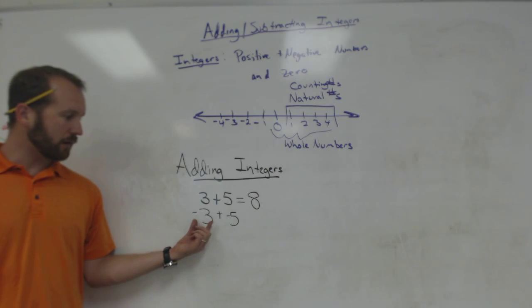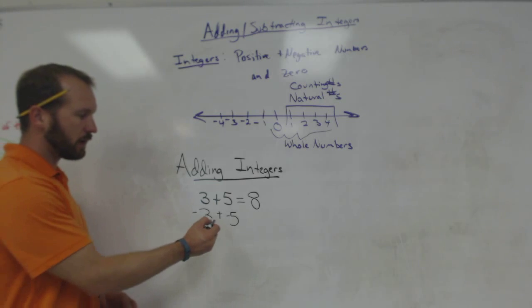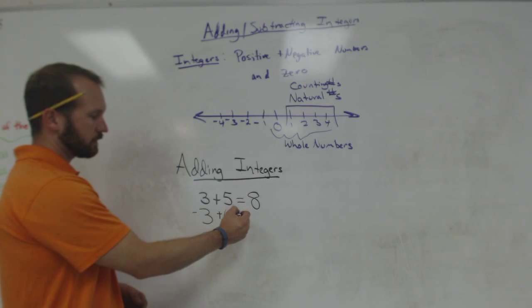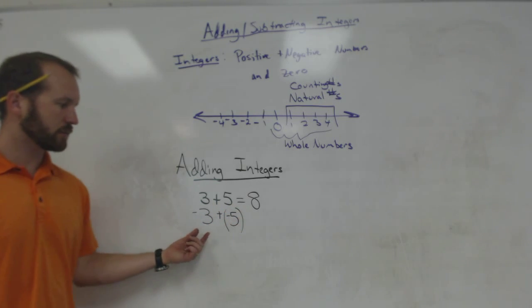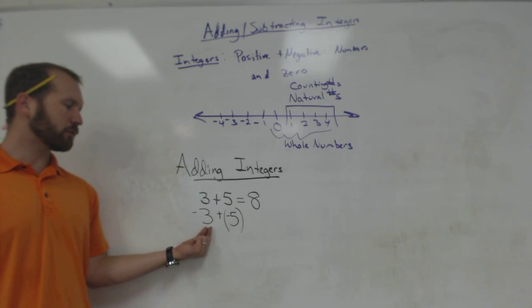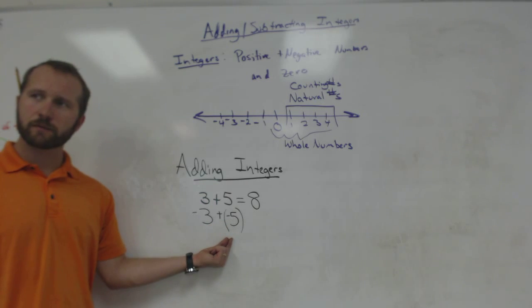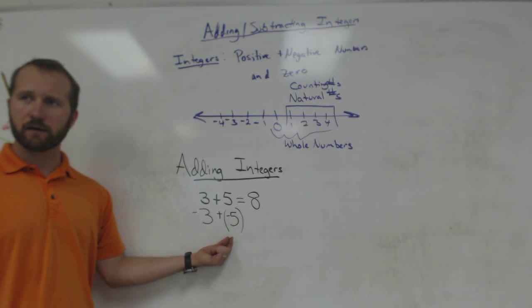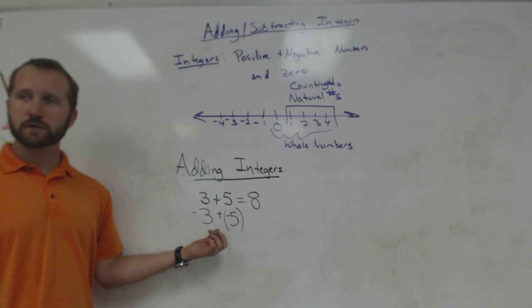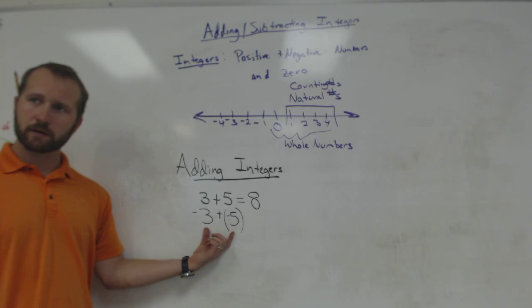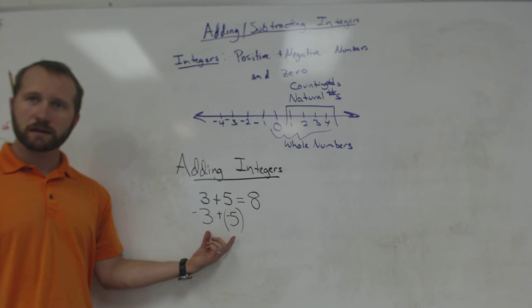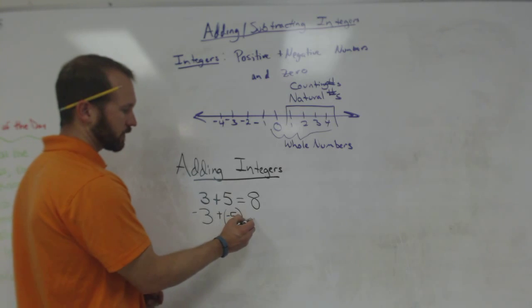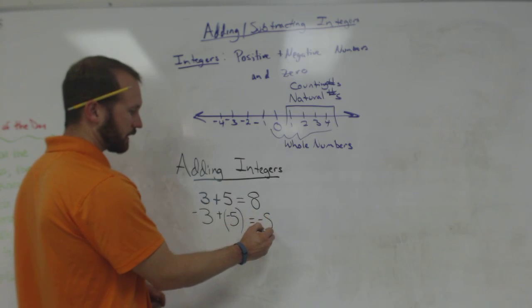When you see that you have two negative numbers, sometimes this will be written like this, right? Sometimes without. Negative 3 plus negative 5. I think of this as like negative 3 and negative 5. Those also are going to add up together. Negative 3 plus negative 5 is going to be negative 8.